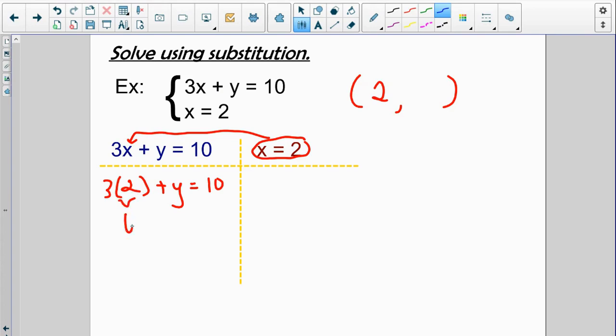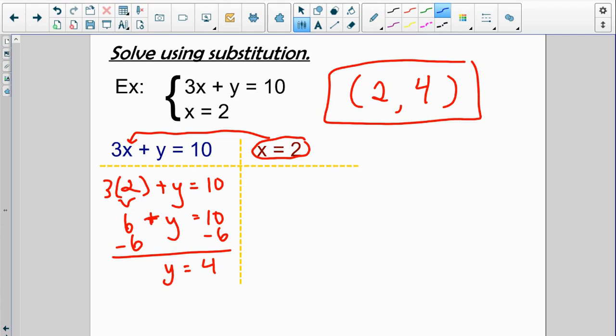So I multiply 3 times 2 together, and I get 6 plus y equals 10. And then my algebra skills would tell me to undo the addition by subtracting, and I get y equals 4. So x was 2, and now we see that y equals 4.